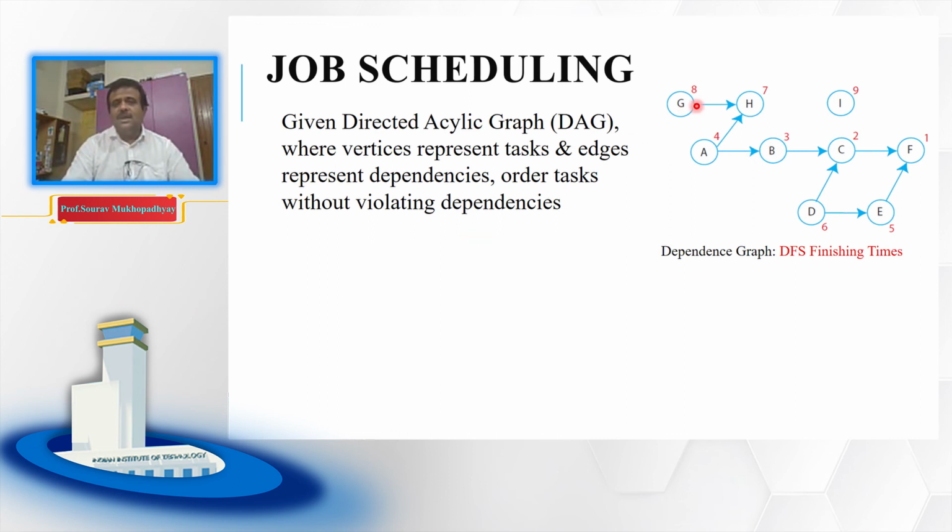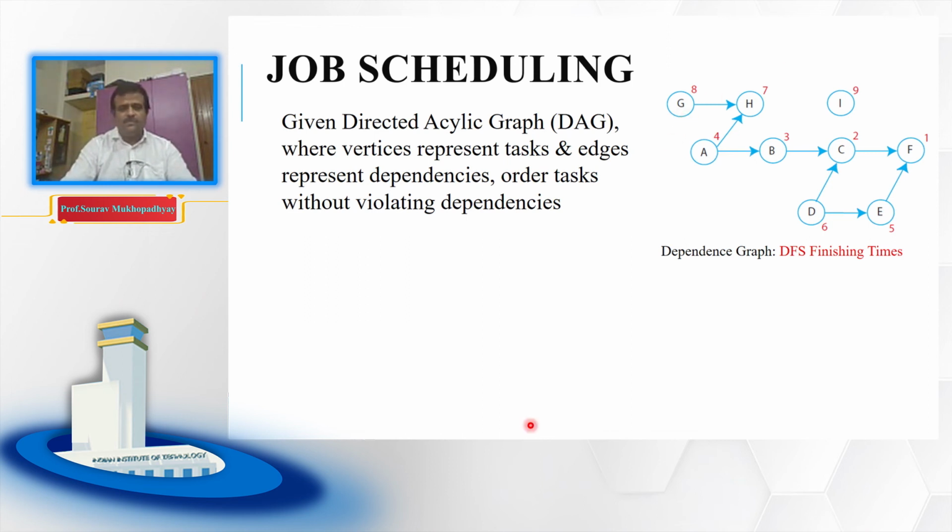So, we need to order these tasks without violating the dependency. That means this task will be finished after this, so we have to order this before this. This is the order we get by the DFS finishing time, so DFS finishing time has a role here. This is nothing but a topological ordering, topological sorting of the vertices.